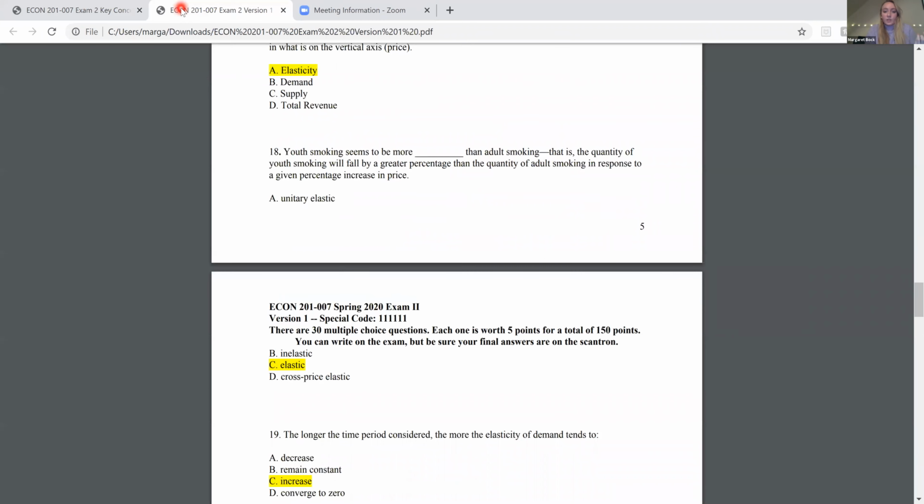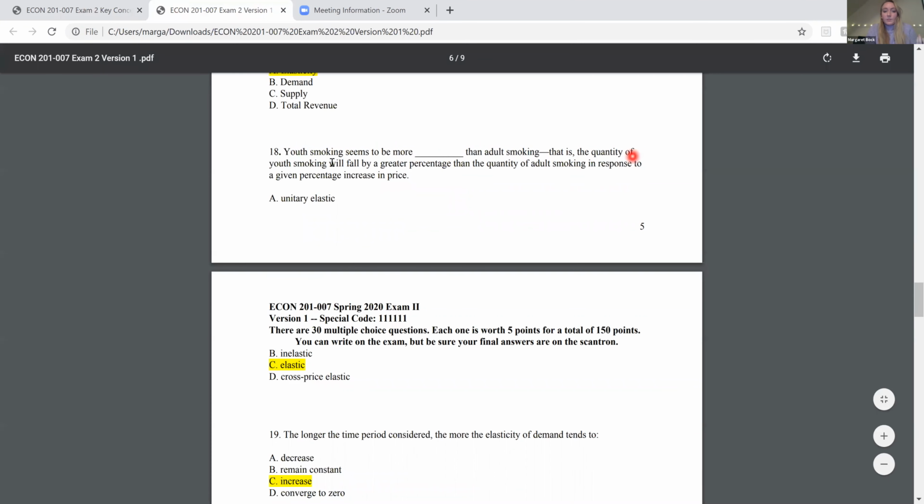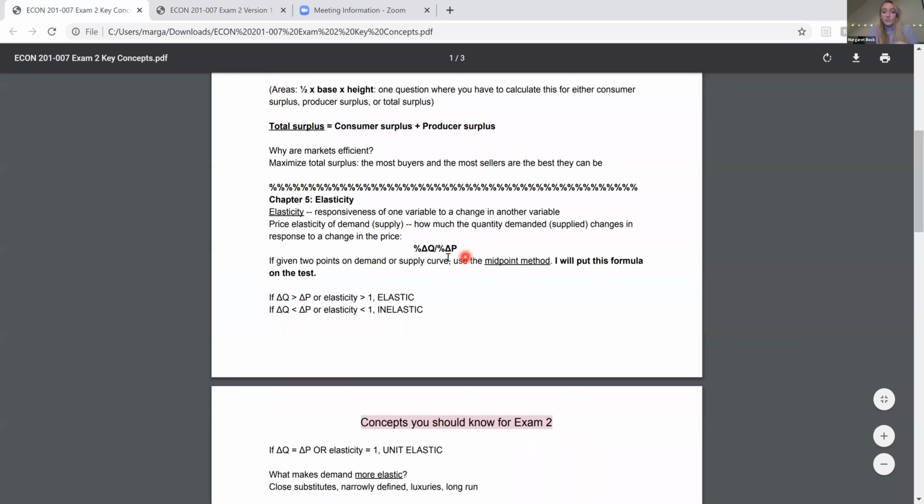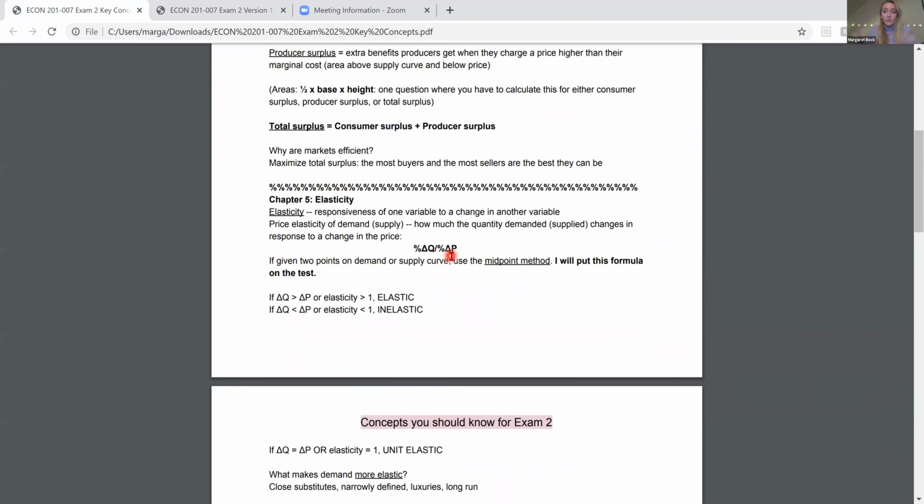So we know from this question that the quantity of youth smoking will fall by a greater percentage than the quantity of adult smoking. So let's say the price of cigarettes goes up by, I don't know how much cigarettes are, if it goes up by a lot, the quantity change for youth smoking is going to change a lot compared to the quantity change for adult smoking.